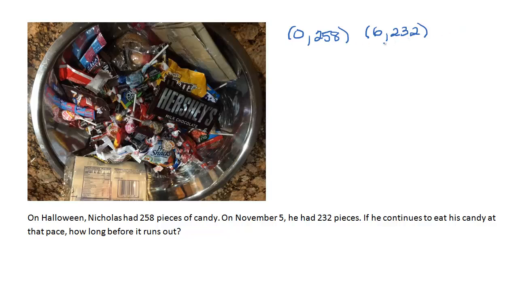So we can use these two ordered pairs to figure out what our rate of change is in his candy. We had 232, the second y, minus 258, the first y, over the second x, 6, minus the first x, 0.